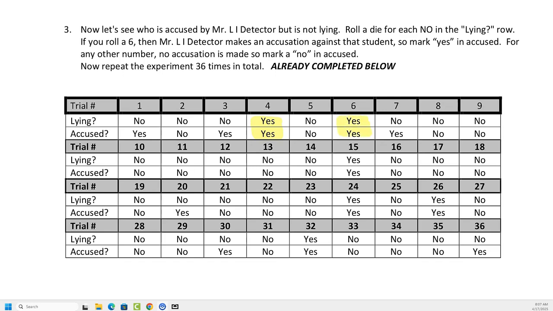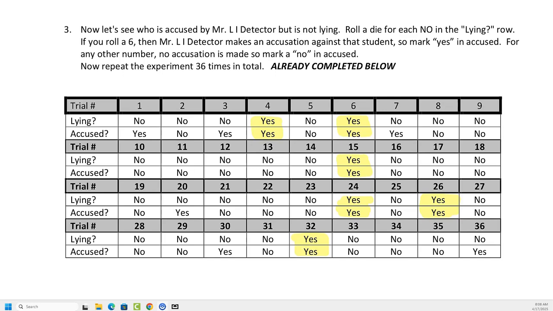So every time I have a yes in the top, right, I want to highlight in yellow. I only have 1 in that one. And then here, and here. And then finally here. And then let's mark all the times where the person is not lying but is accused of lying.